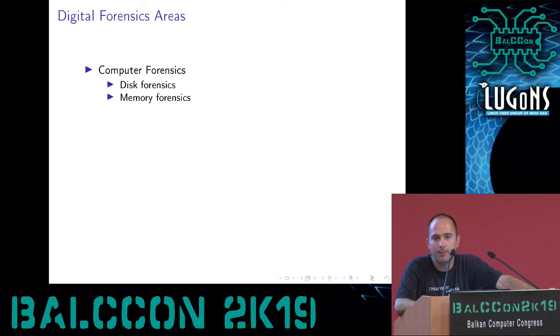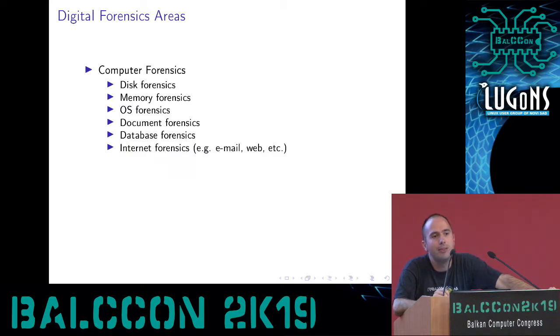Memory forensics: we are investigating artifacts found in volatile memory. Operating system forensics: we are investigating log files, the registry in case of Windows, and cache files. Document forensics, or database forensics.